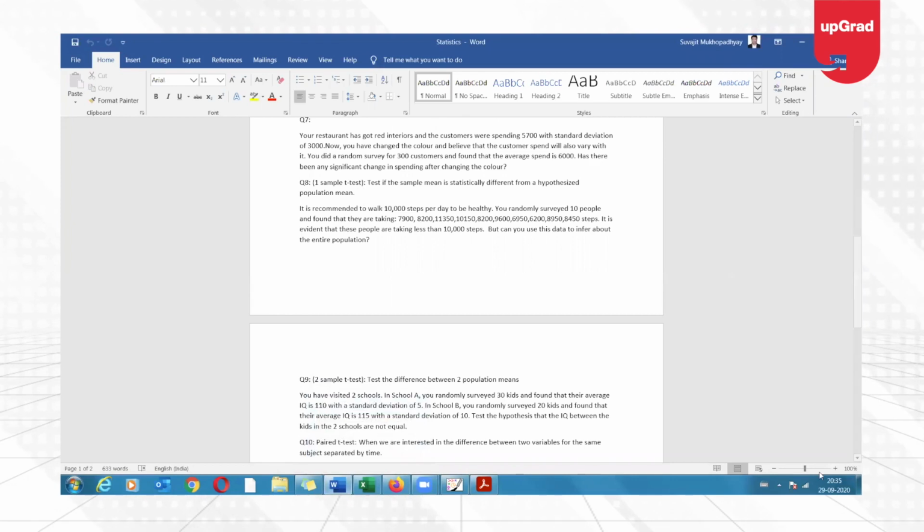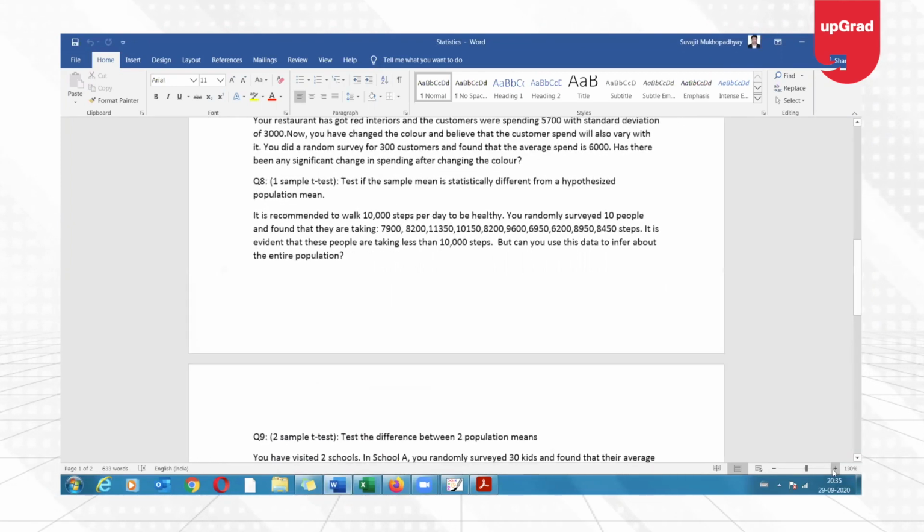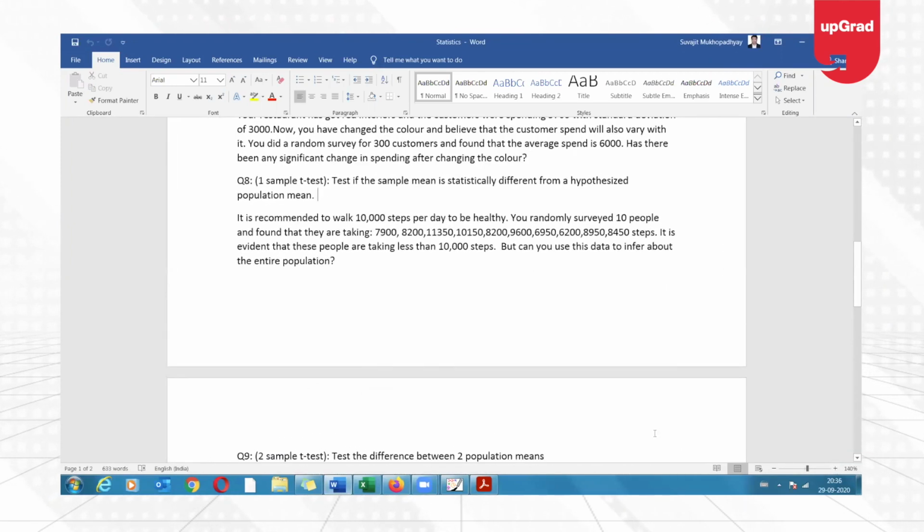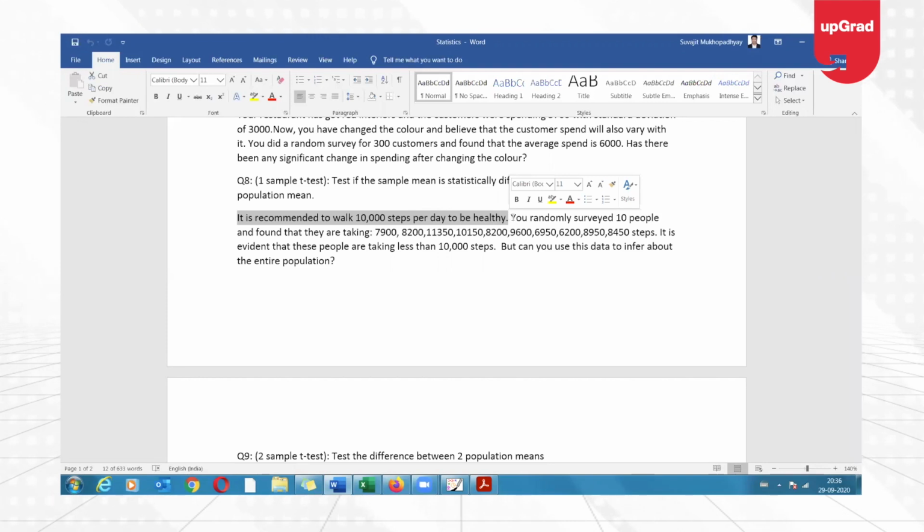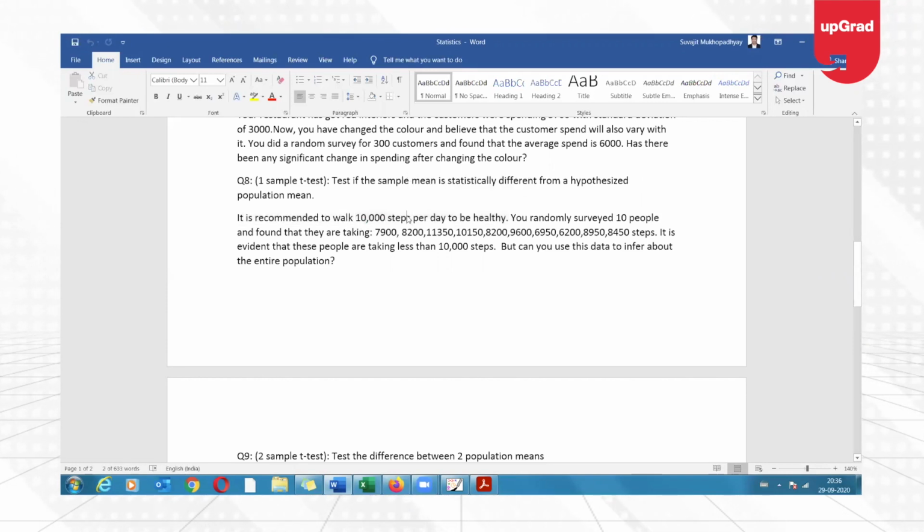So let's read problem number 8. So it is recommended to walk 10,000 steps per day to be healthy. When you walk more, you reduce obesity, and that's good for health. And the doctors have prescribed to walk 10,000 steps per day.